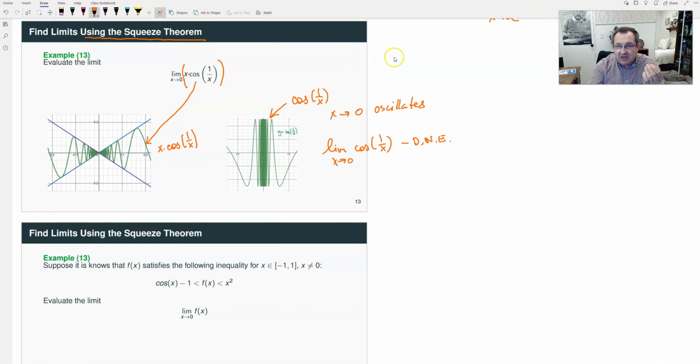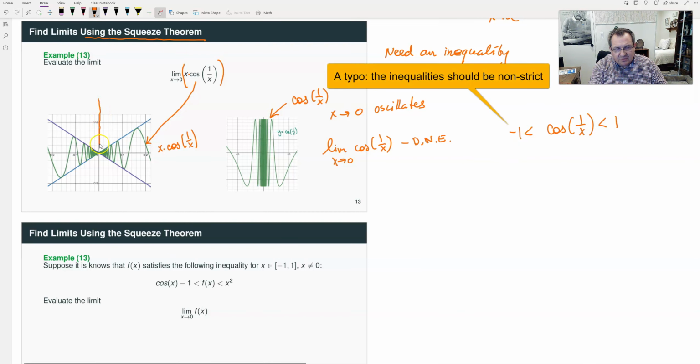But for the squeeze theorem, we need an inequality, and not just any inequality, but an inequality in which the top function and the bottom function meet. So can we come up with an inequality for this example? Well, let's take a look. One of the things that we know about cosine of 1 over x is that it is between 1 and negative 1.